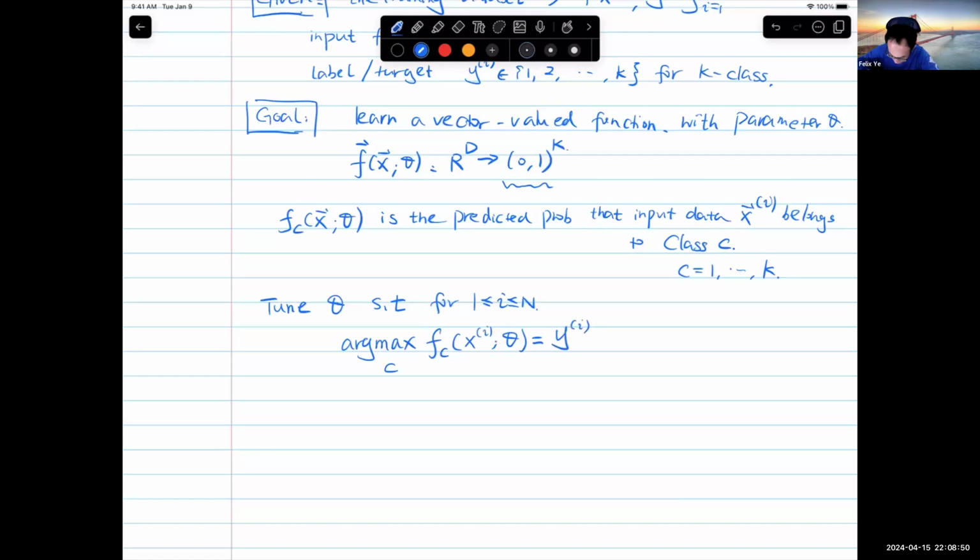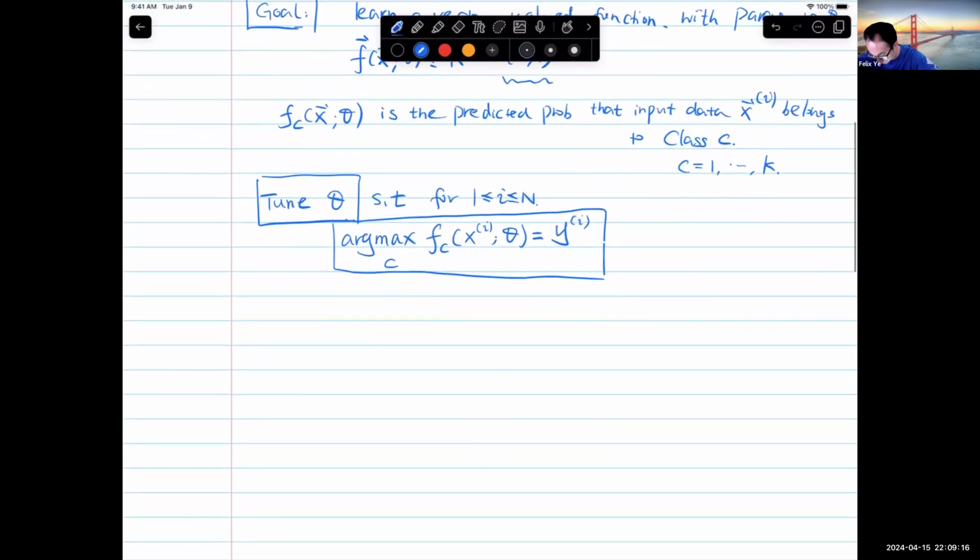So this is the whole idea: to tune these thetas, hopefully using some optimization algorithm, such that the predicted probability is the maximum at exactly y_i.